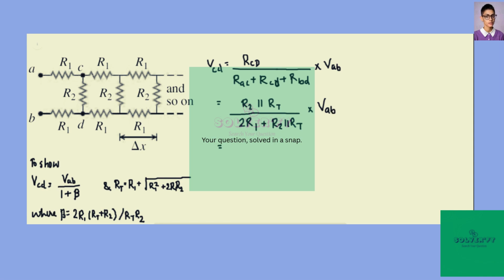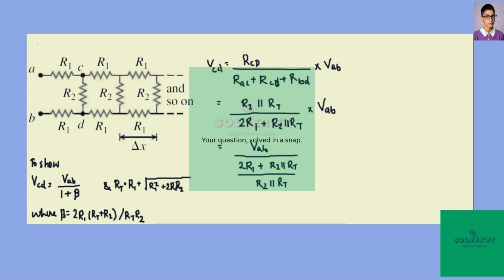Now since we need VAB in the numerator, let me write VAB in the numerator and keep everything else in the denominator. So in the denominator I will have twice R1 plus R2 parallel RT upon R2 parallel RT, isn't it?